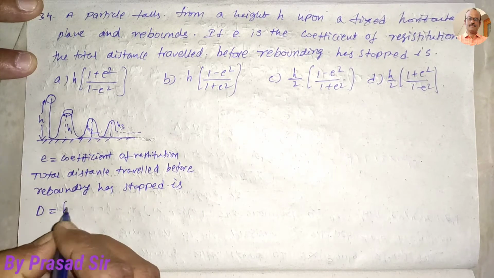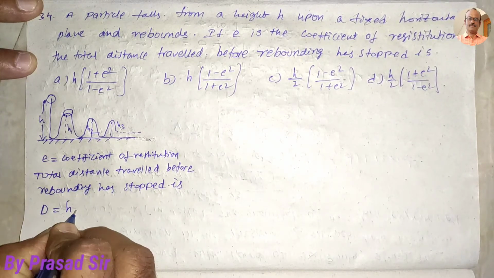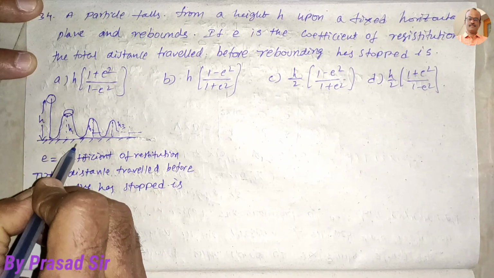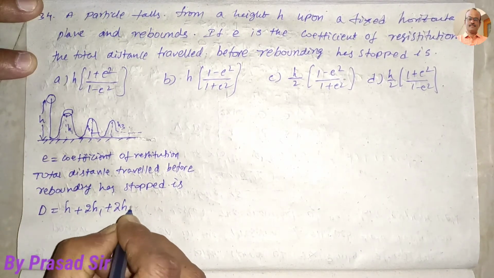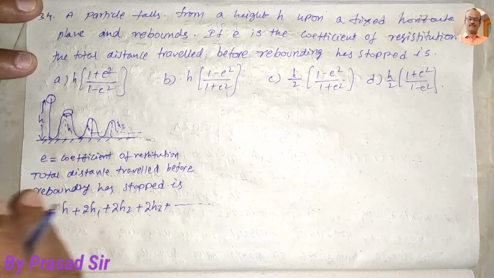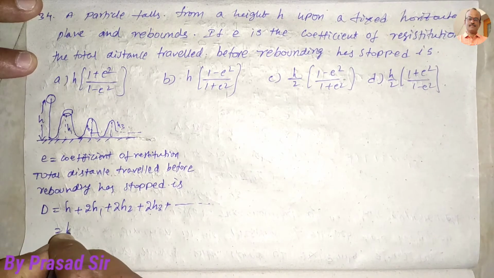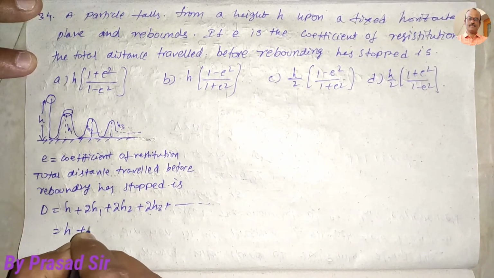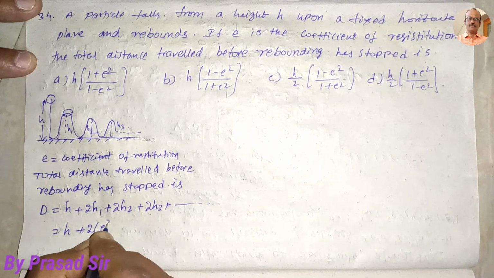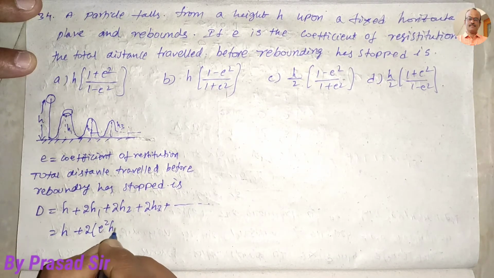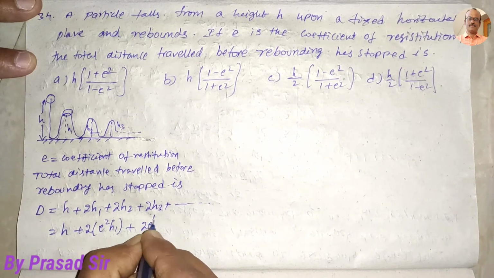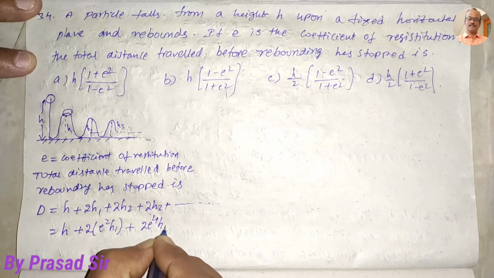equal to initially from here to here h plus 2 times h1. Why? Because it is moving up and again coming down, plus 2h2 plus 2h3 plus dash dash dash. It can continue like this. So first of all I will take h plus 2 times h1, which is nothing but e square h, plus again 2h2, that is 2e to the power of 4 h.